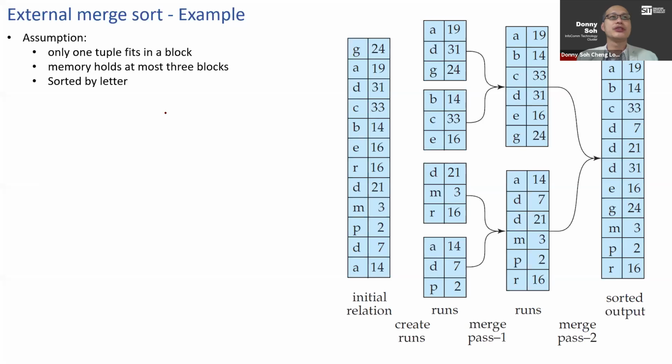So in this scenario, m equals 3, which is the number of blocks the memory is able to hold. One tuple is 1 block. So the size of one run equals 3 tuples.